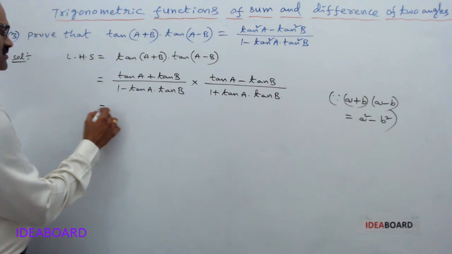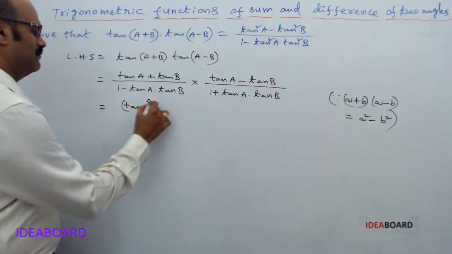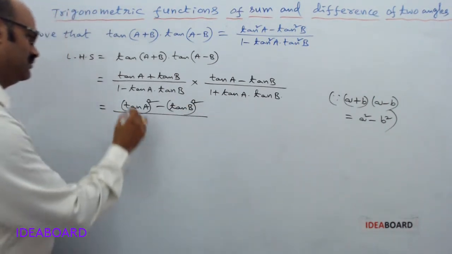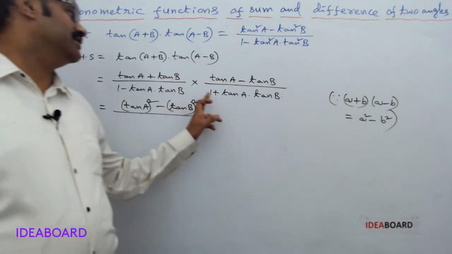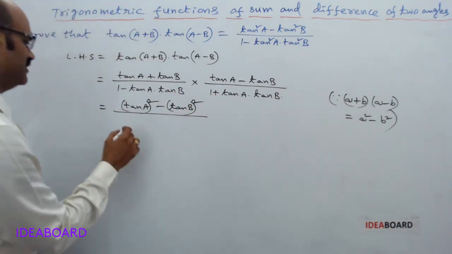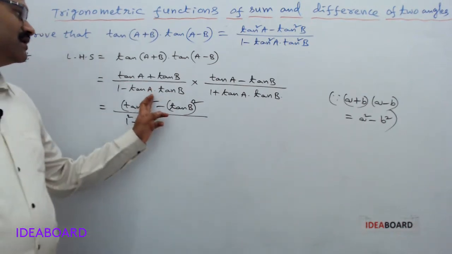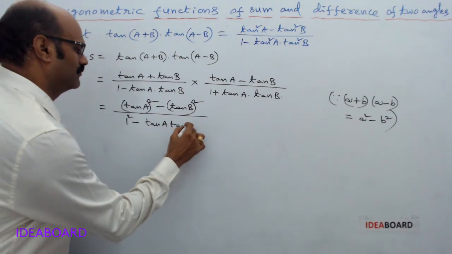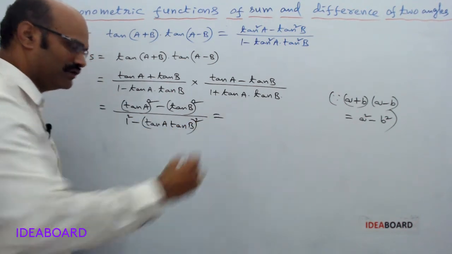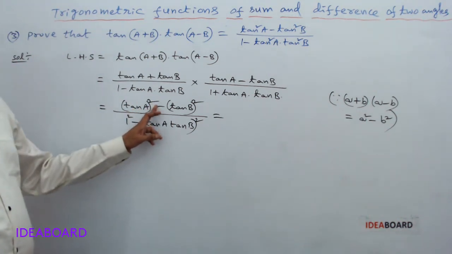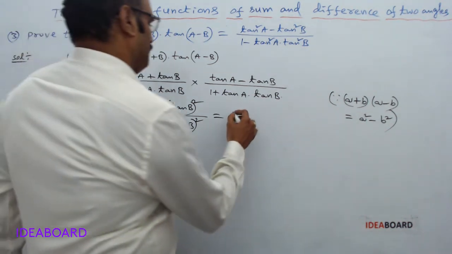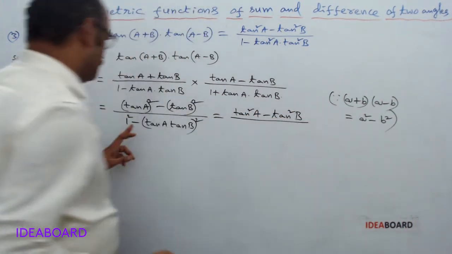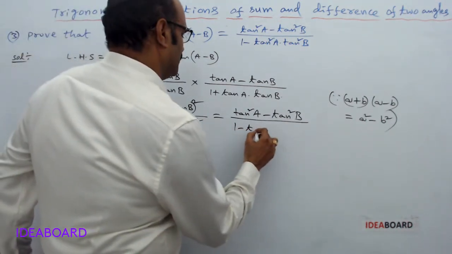So it implies tan a whole square minus tan b whole square, by the denominator, which is a minus b into a plus b, 1 square minus tan a into tan b whole square, equals tan square a minus tan square b by 1 minus tan square a into tan square b.